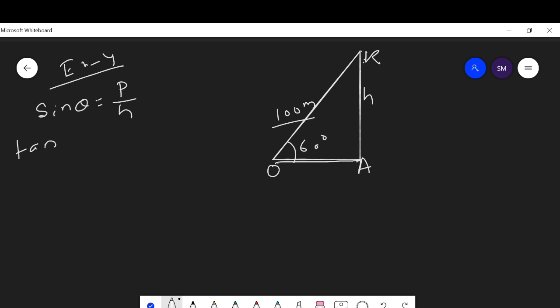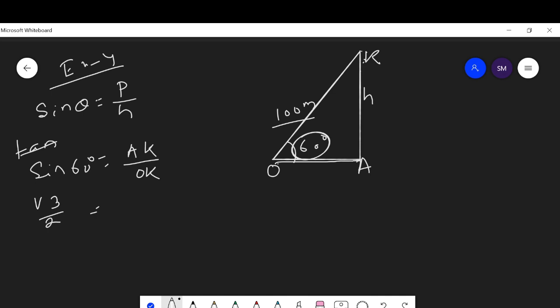Here the angle of elevation is given 60 degree, means sine 60 degree is equal to AK upon OK. Then you know sine 60 degree is equal to root 3 by 2.